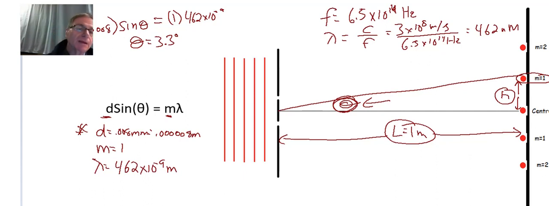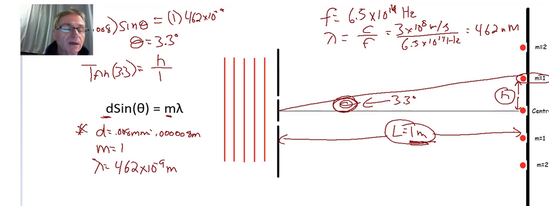We're almost there. Now we want to know what h is. We know L, the length from the diffraction grating to the screen, which is 1 meter. We now know theta is 3.3 degrees. Which trig function should we use? We have the adjacent side, and we're looking for the opposite side. That means tangent. The tangent of 3.3 degrees is equal to the opposite side, h, divided by L, which is 1.